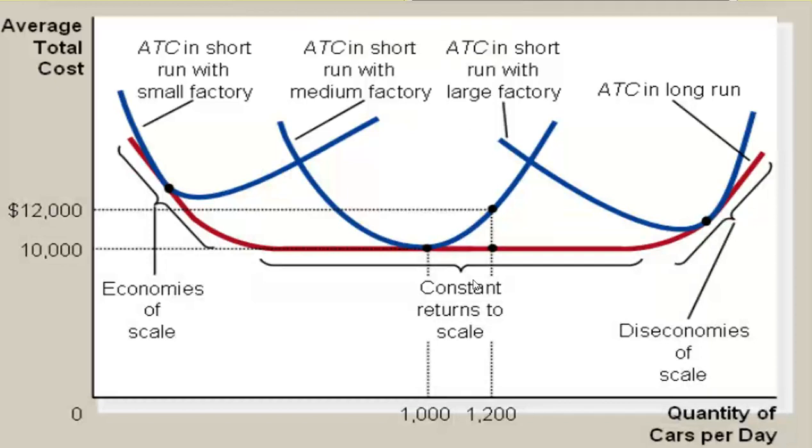And the third part is diseconomies of scale, where the long-run average cost curve is rising. This portion, now it's clear from the image that this red line is rising, and this red line is actually the long-run average total cost curve.